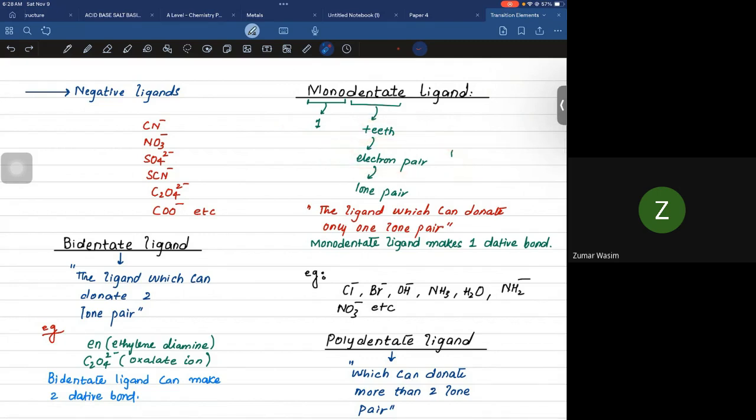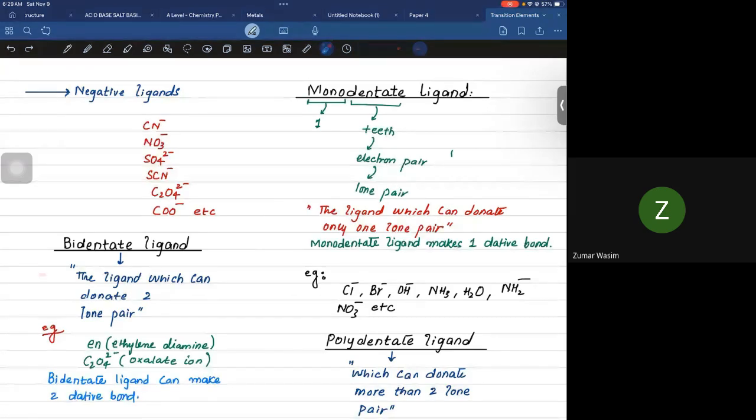So some ligands can donate one lone pair, they are called monodentate ligands. The ligand which can donate only one lone pair of electrons. Examples of monodentate: Cl minus, Br minus, OH minus, ammonia, H2O, NH2 minus, NO3 minus, etc. These are the ligands that are going to donate only one lone pair.